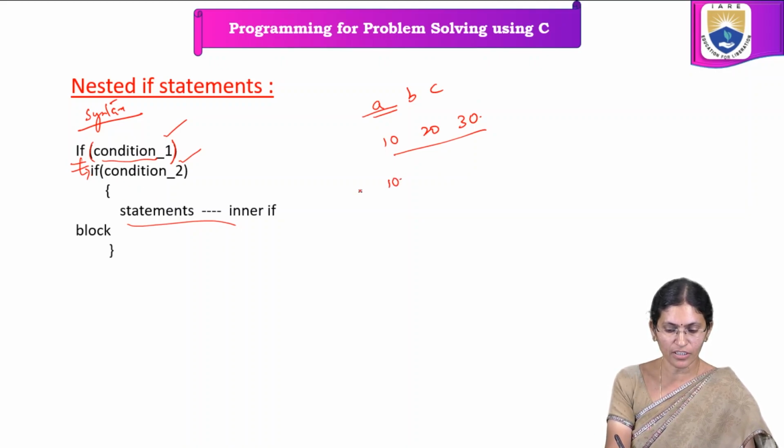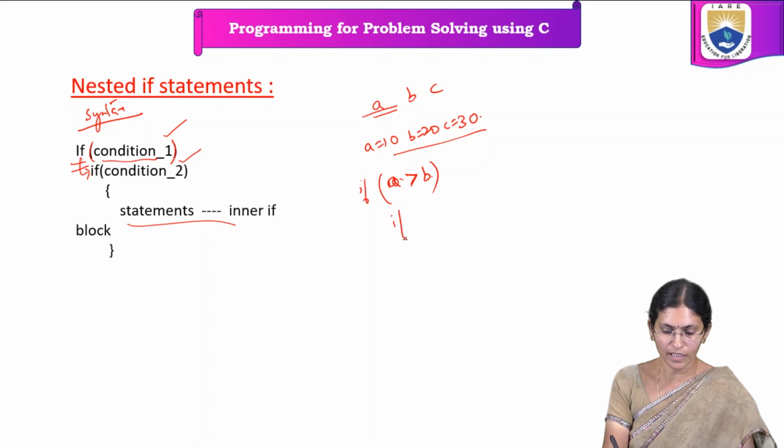In the first condition, if A is greater than B, then again we check if A is also greater than C, then printf inside this, A is greatest.